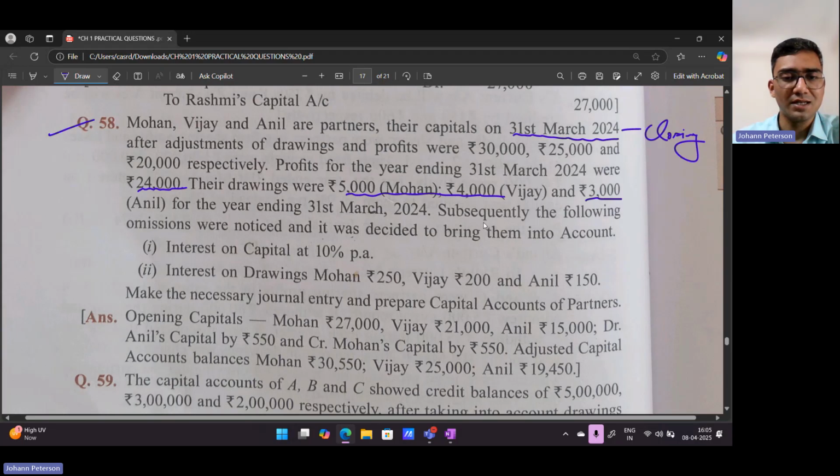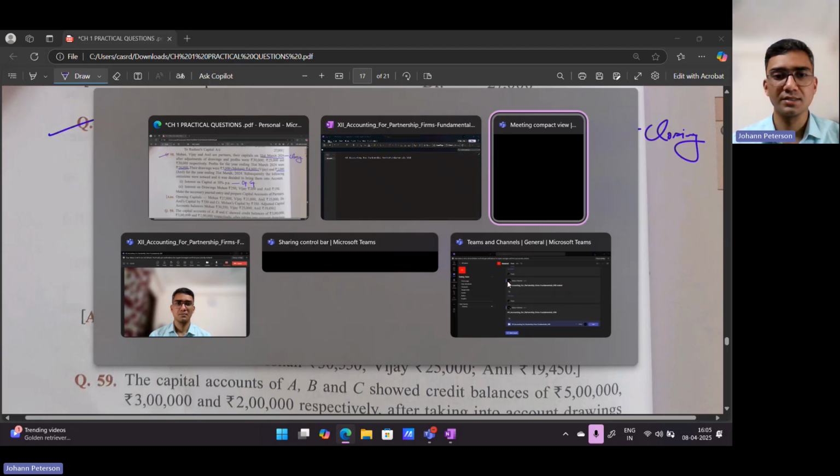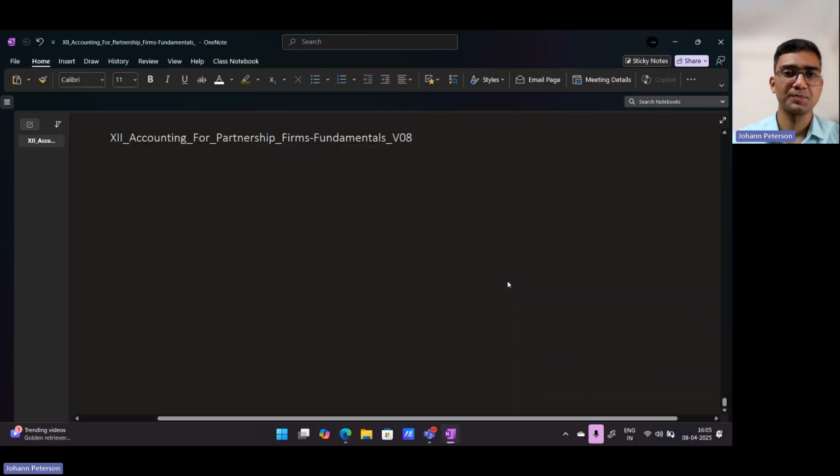So if we have to calculate the interest on capital, we know interest on capital is found on the opening capital. So in this question, we basically need to find out what is our opening capital. For this, let us make the account. Let's make a partner's capital account, and there are three partners, M, B, and A. So we'll consider it in that way while we are solving.